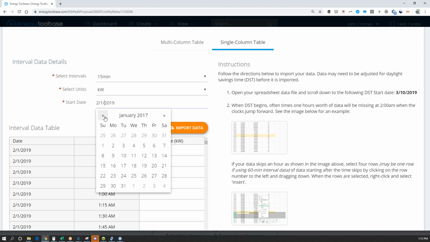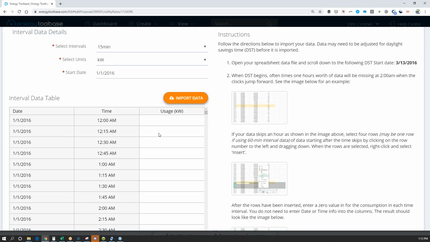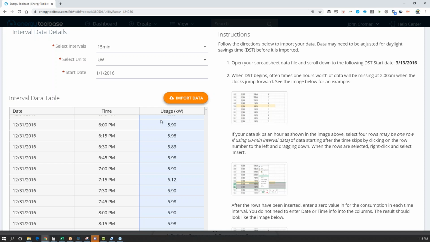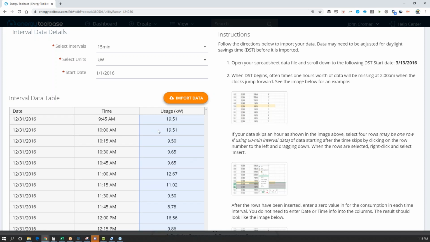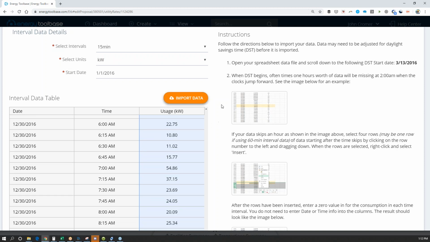And so we're going back and saying, okay, January 2016 is our start date. And so now we have our data. We're going to paste it in. Well, this is quite a bit of data. 15 minutes for every hour of the day for every day of the year.